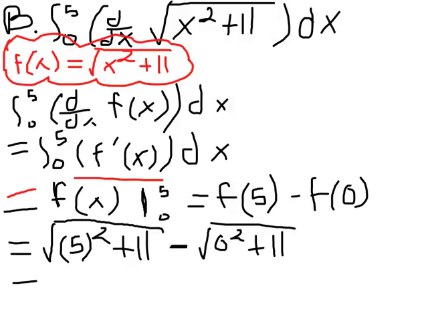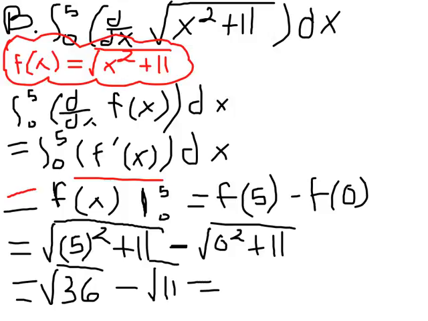This is equal to the square root of 36 minus the square root of 11. Break it down one last time, and we get 6 minus the square root of 11.